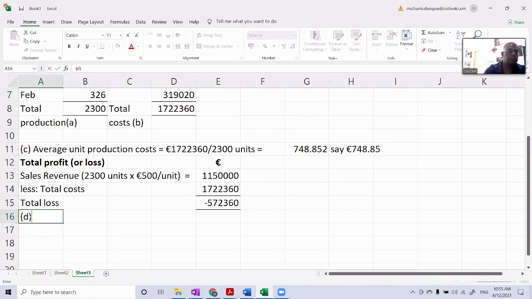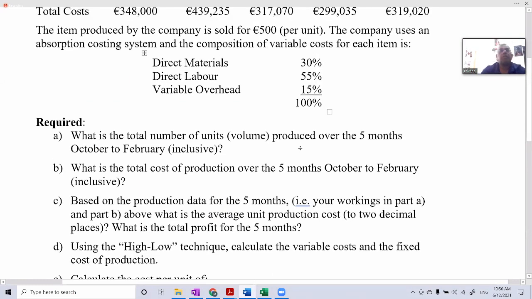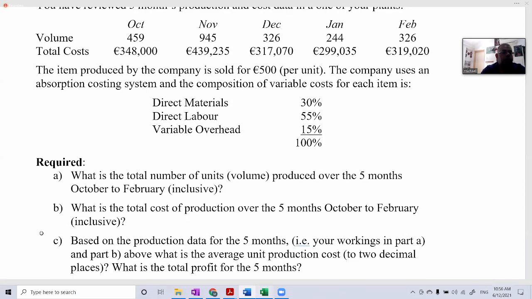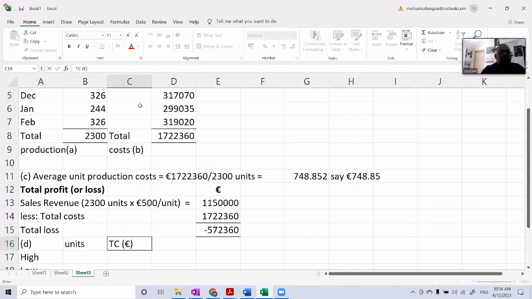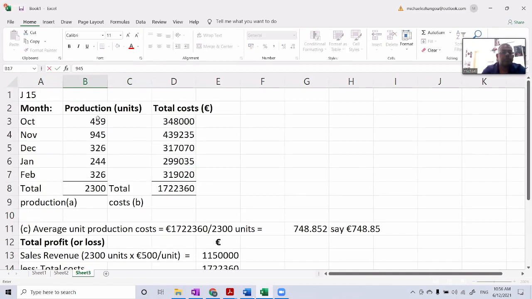Next, D. Using the high-low technique, calculate the variable cost and the fixed cost of production. So we have high, low, units and total cost. High is 945 and low is 244.